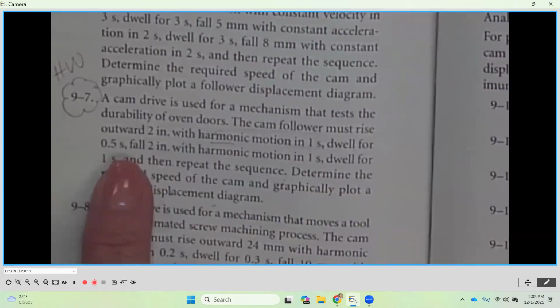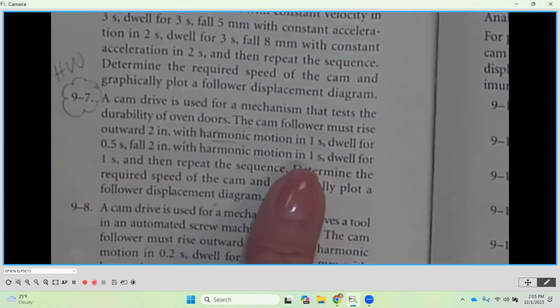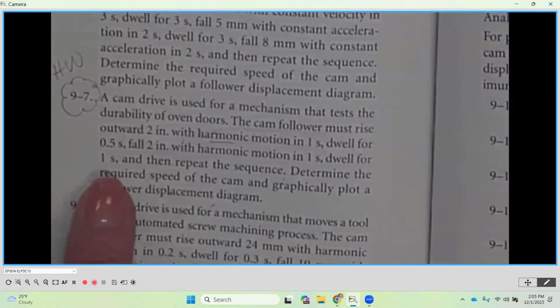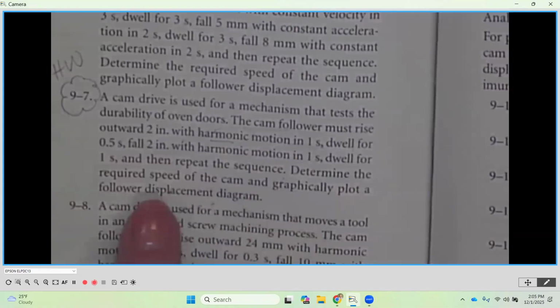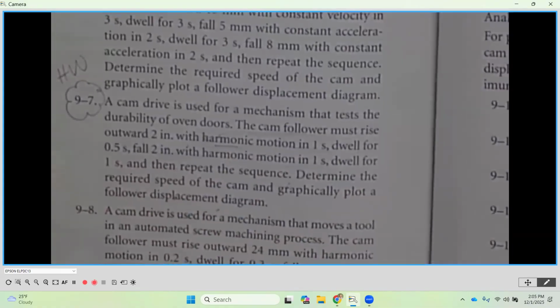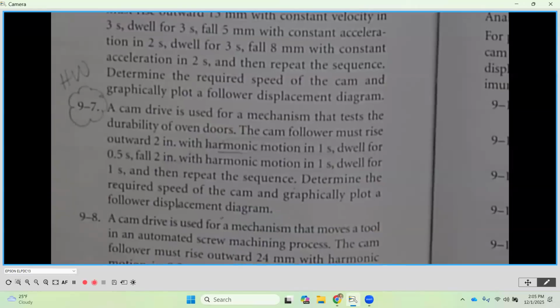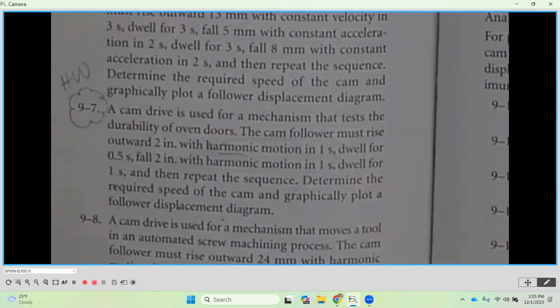There's a dwell for a half a second, the fall of 2 inches in 1 second using that same harmonic motion, and then you're going to dwell 1 second at the end. So 4 steps, okay? Determine the required speed, W of the cam, and graphically plot the follower displacement diagram. This is exactly like the example problems that we went over, okay? Exactly like it, but you are now adding the displacement diagram, okay?